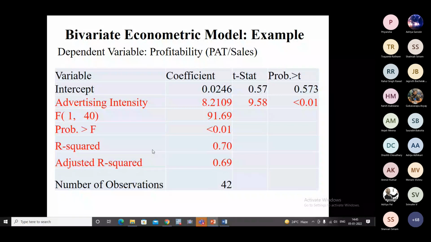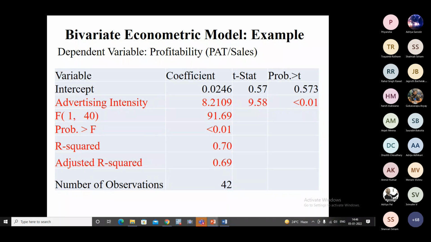I have taken profit after tax by sales as the dependent variable. Yesterday we were discussing this, that there may be two alternative measures of profitability. The dependent variable is profitability and the independent variable is advertising intensity.